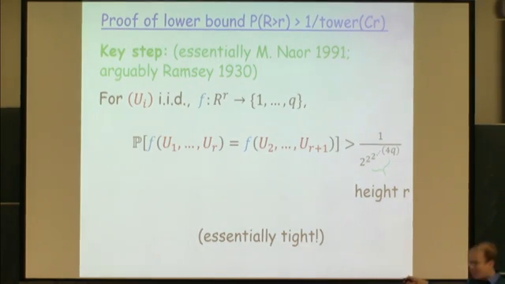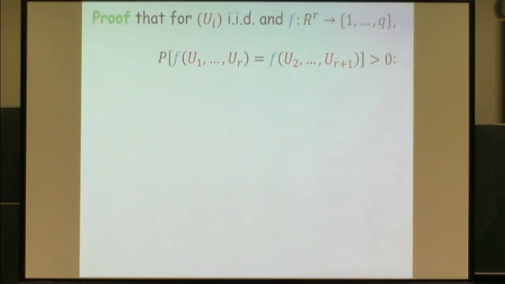And this is essentially tight by this other binary construction that I showed you before, up to this constant 4 and so on. Okay, so let me just show you a proof of this, because there's a very simple proof, arguably simpler than the proof in the literature. Actually, I'll just prove that it's strictly positive. So for any function, any IID u's, the probability they're equal is strictly positive.